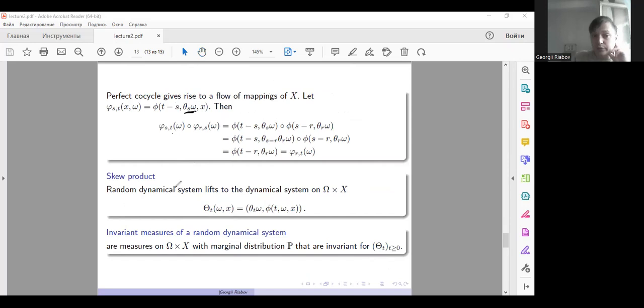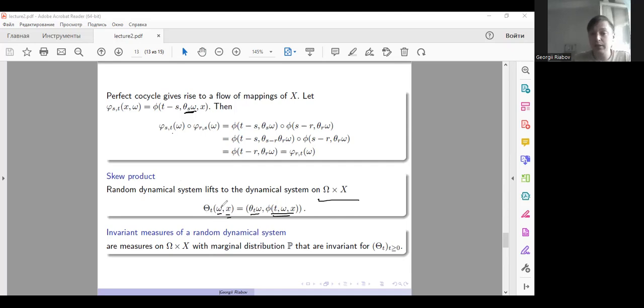The importance of random dynamical systems is that it can be lifted to the usual dynamical system, but on the product omega x. And this lift is given by the mapping that sends omega into theta t of omega and x into phi t omega x.